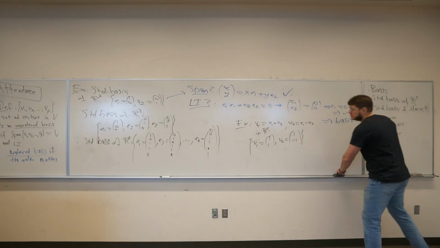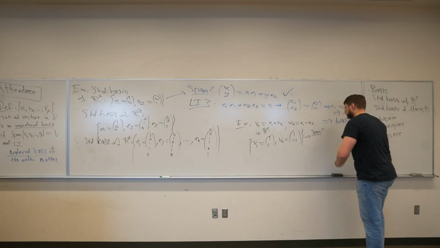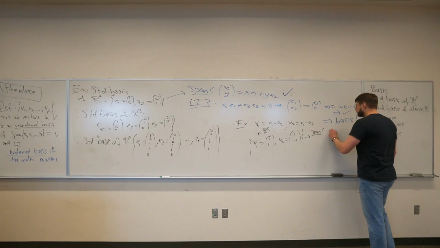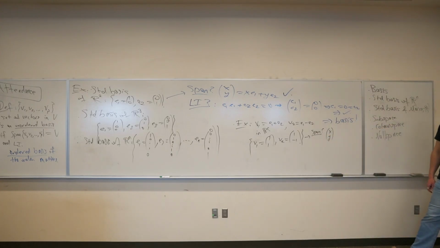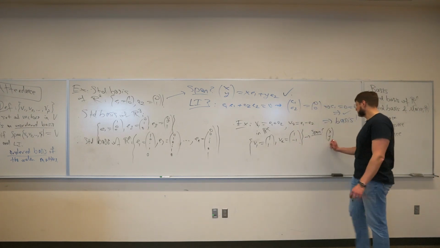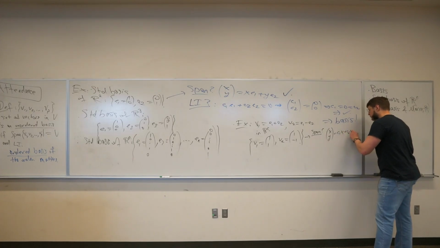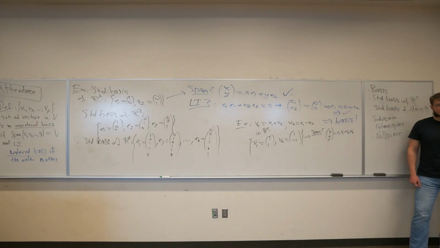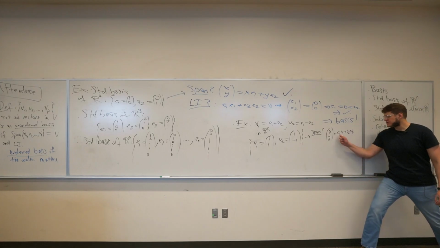I'll do it here. So, I'm going to take xy arbitrary, and I'm going to try to come up with two scalars, let's say C1 and C2, such that C1v1 plus C2v2 is this. Okay? So what does this mean? I chose xy arbitrary, and I'm asking if I can solve this equation for C1 and C2.